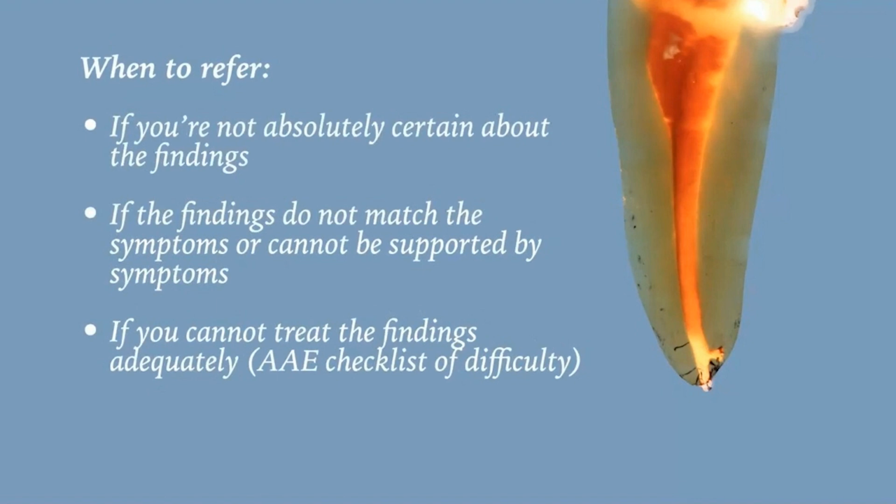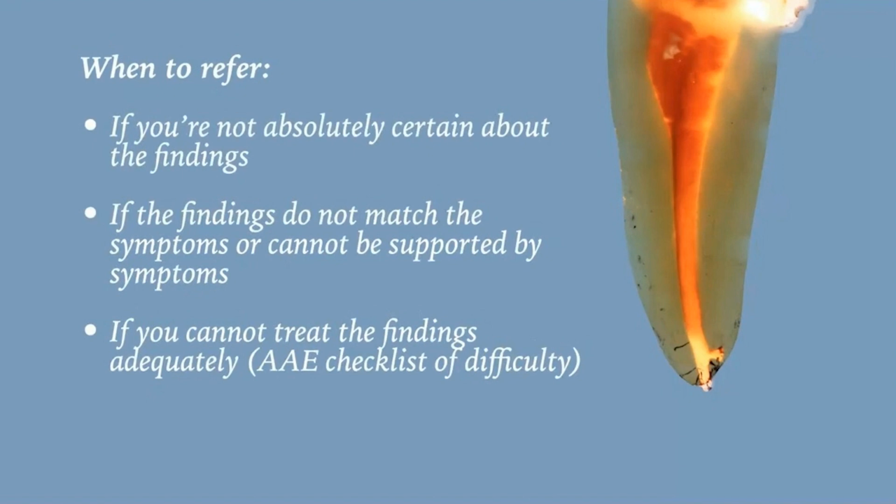You also want to consider referring if the findings do not match the symptoms or cannot be supported by the symptoms. We talked about how CBCTs can sometimes have false positives, but we want to make sure that anything that we may or may not see on a CBCT has to be supported with clinical findings and symptoms.